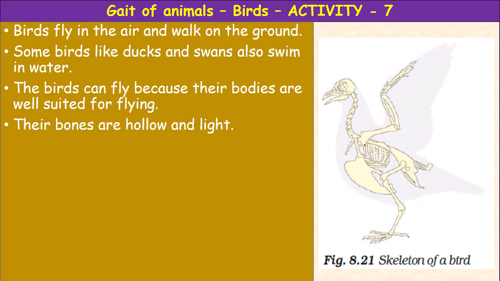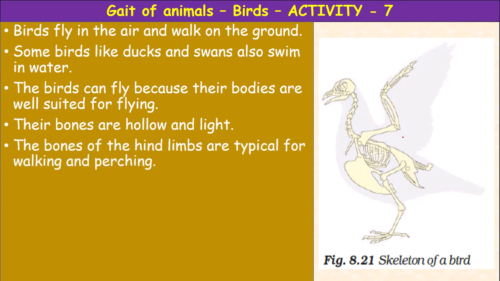The forelimbs are modified into wings. The bones of the hind limbs are typical for walking and perching. So hind limbs, legs, they are strong, they are typical, they help in walking as well as perching. Perching means holding the branches or holding any prey.